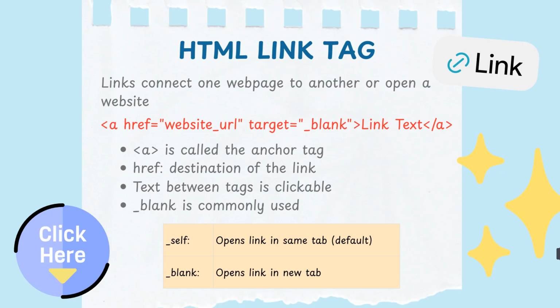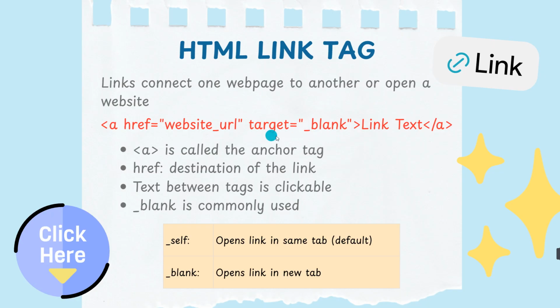The anchor tag comes with two main attributes, that is the href attribute that tells the browser where the link should be. Just like the image URL, here we have the website URL or the web page URL.